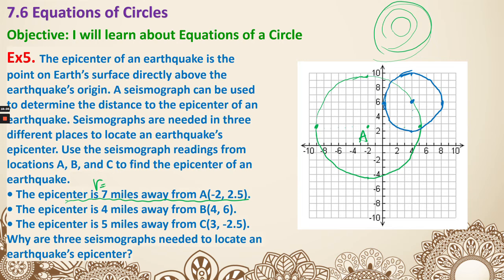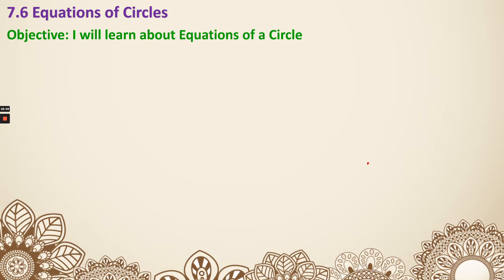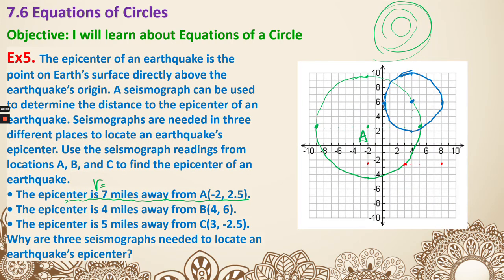Next, 3, -2.5, which is right here. My radius is 5. So 1, 2, 3, 4, 5. Left side right there. The number is at -2.5, so go down 5 more. That's -7.5. And go up, that's going to be 2.5. I can draw my circle.